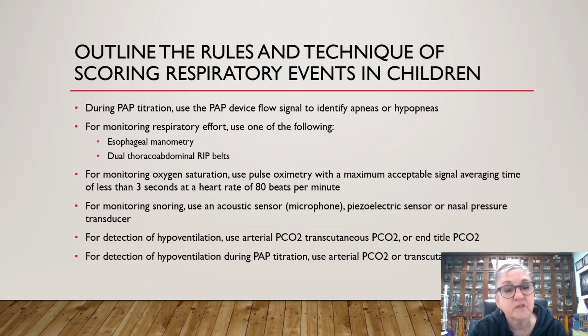For monitoring snoring, use an acoustic sensor, a microphone, or a piezoelectric sensor, or a nasal pressure transducer. For detection of hypoventilation, use arterial PCO2, transcutaneous PCO2, or end-tidal PCO2. And for detection of hypoventilation during PAP titration, use arterial PCO2 or transcutaneous PCO2.